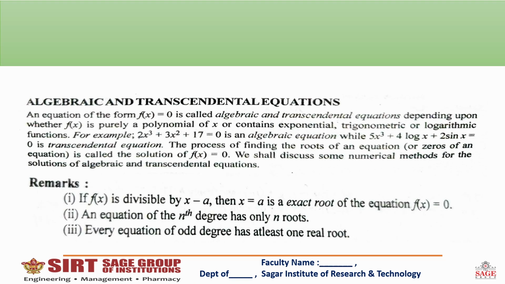So before we start this method, we should know about algebraic and transcendental equations. If a function f(x) equals 0 is a polynomial that contains exponential, trigonometric or logarithmic functions, then this type of equation is called a transcendental equation.